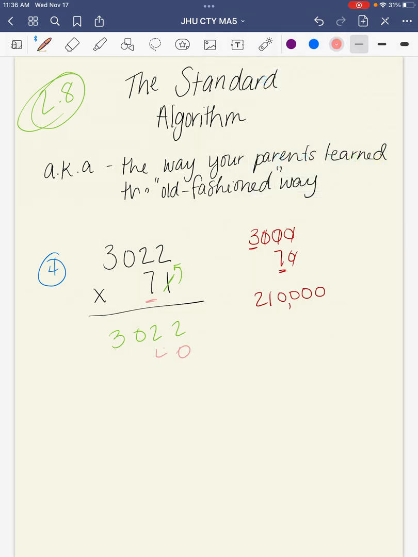Got to keep our placeholder. 7 times 2 is 14. 7 times 2 is 14 plus 1 is 15. 7 times 0 is 0 plus 1 is 1. 7 times 3 is 21. Now I can add 2, 6, 5, 4, and 21.